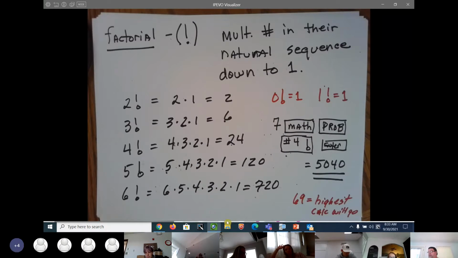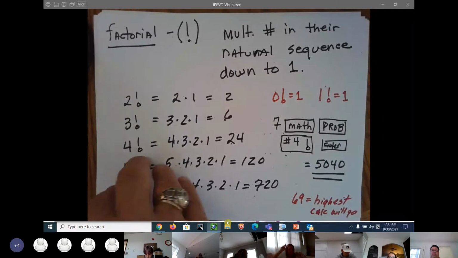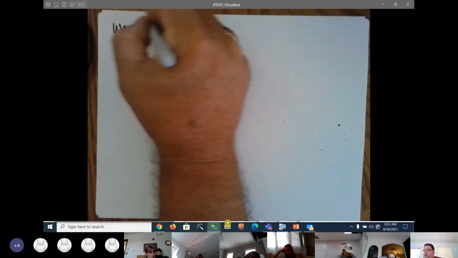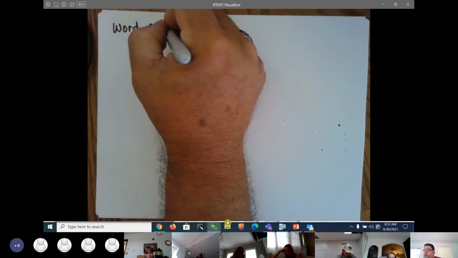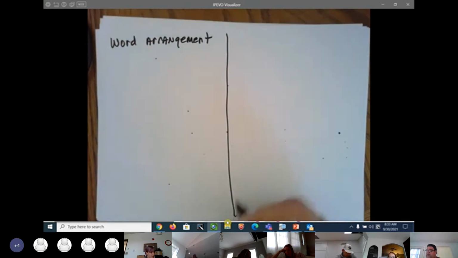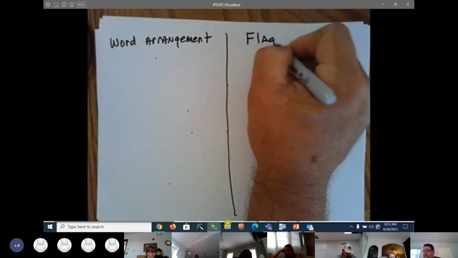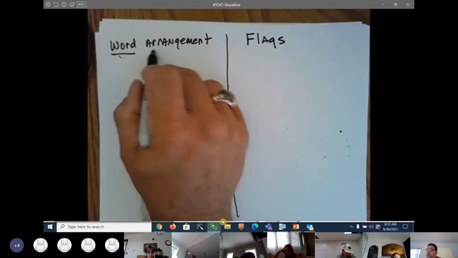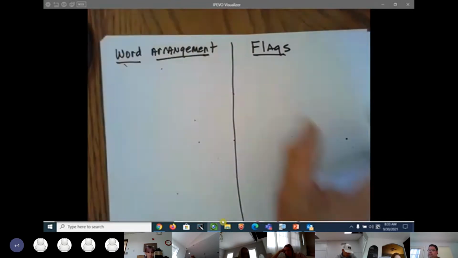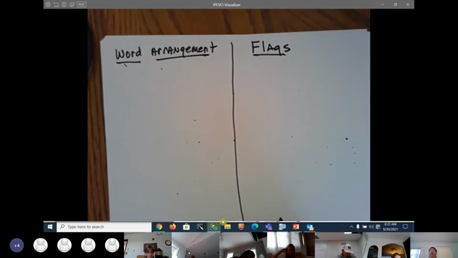Now, what can we do with factorial? Well, the questions you're going to see with factorial just by itself is the word arrangement and flags question. So I give you a word.